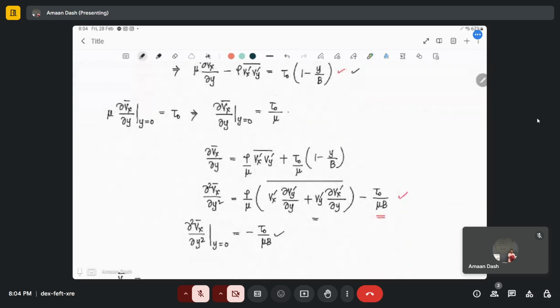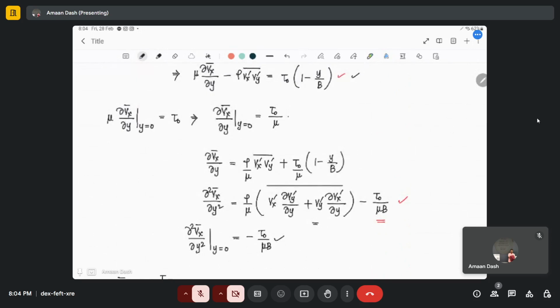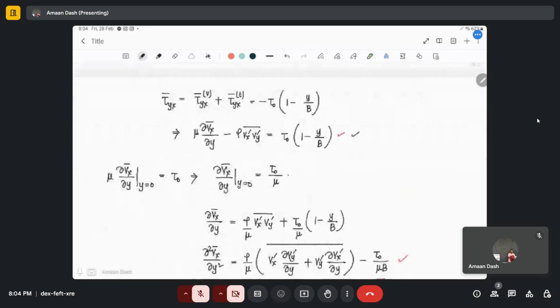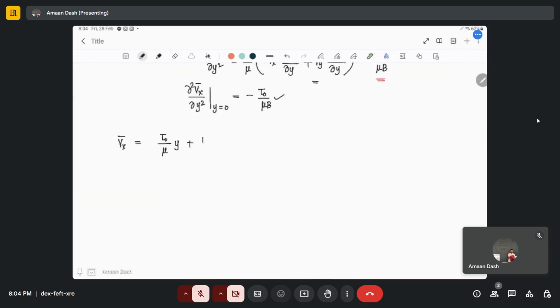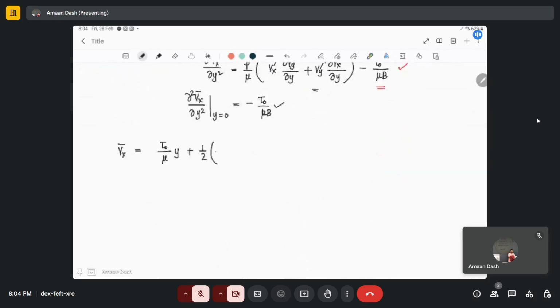That will be equal to tau 0 by mu times y, then plus 1 by 2 times minus tau 0 by mu times b times y square, plus some terms whatever we have.